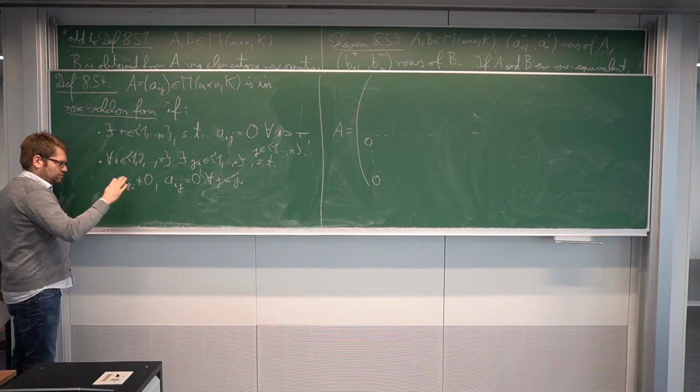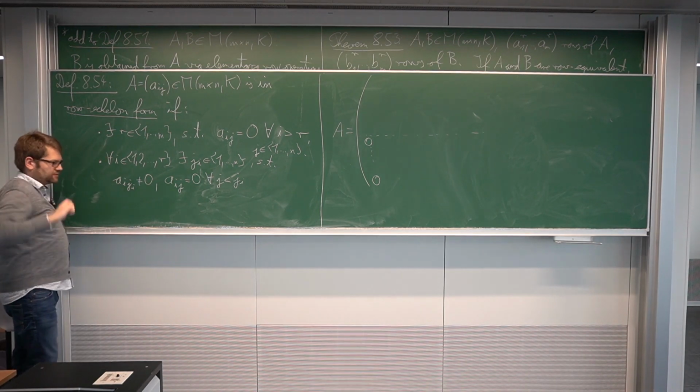So this is the first non-vanishing number in this row if we take it from the left.